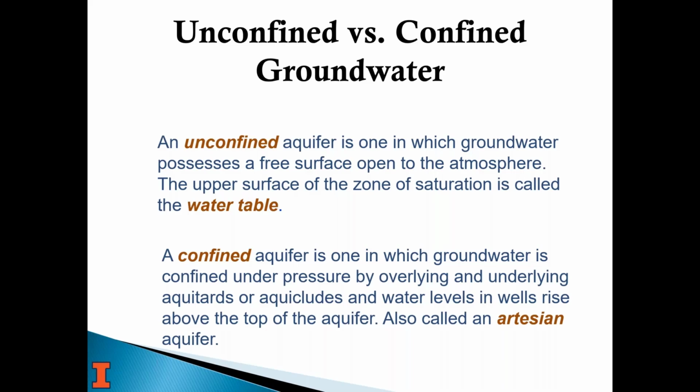So it's at atmospheric pressure, because it's not saturated, and it's the free surface, based on how much pressure from the air is putting on, all the vertical forces that affect gravity and all those things. So that's called the water table.